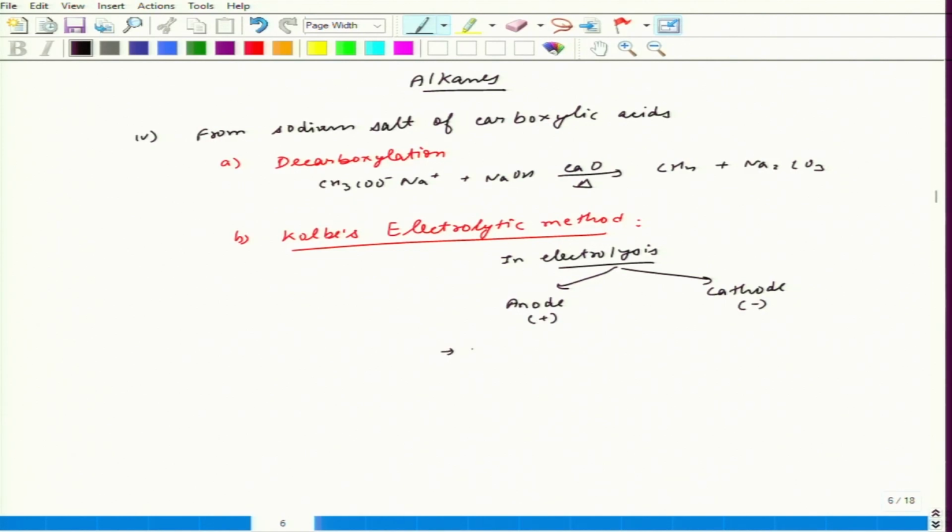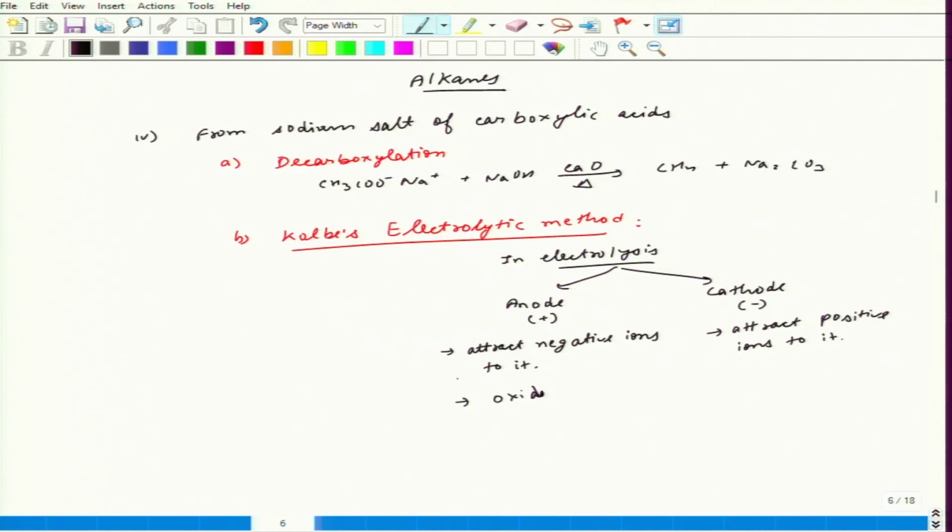The anode will attract negative ions, and the cathode, as it is negatively charged, will attract positive ions.